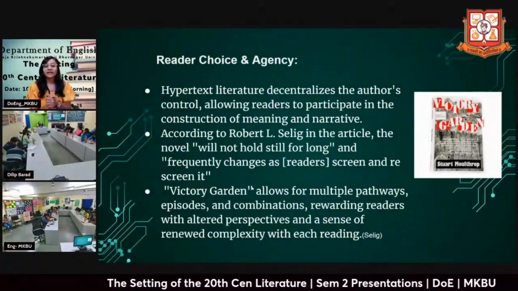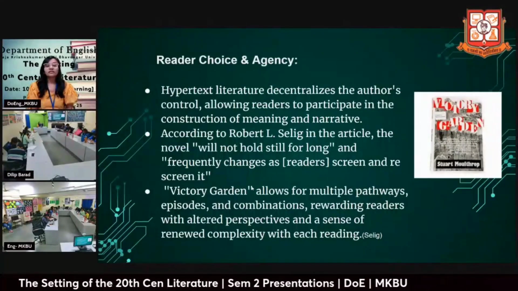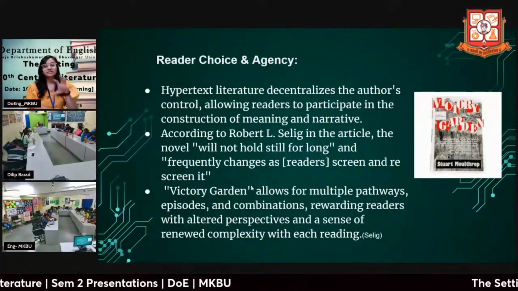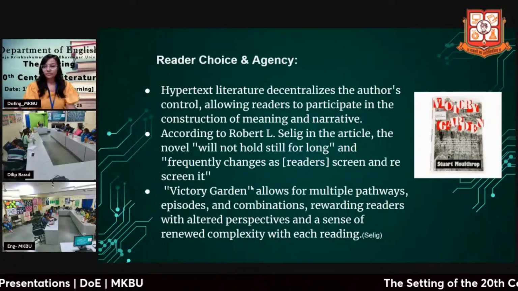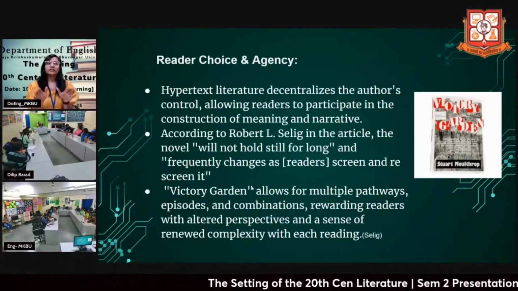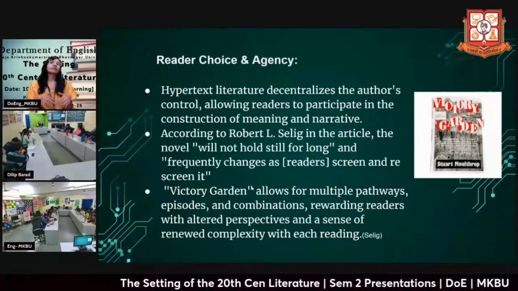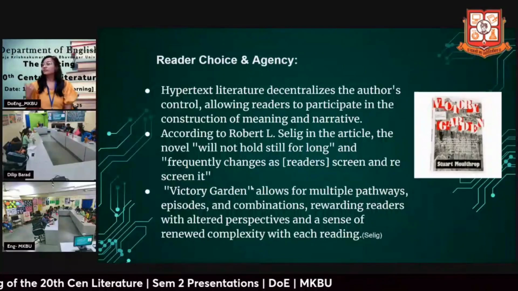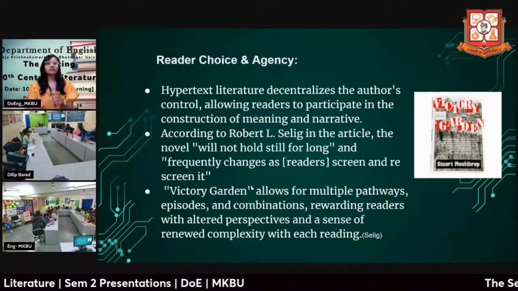According to Robert L. Slay in the article, the novel will not hold still for long and frequently changes as readers screen and rescreen it. Especially the Victor Garden novel. While you are reading, at first you read the novel, then you have a different story. Whenever you start at another time, you have a different story.